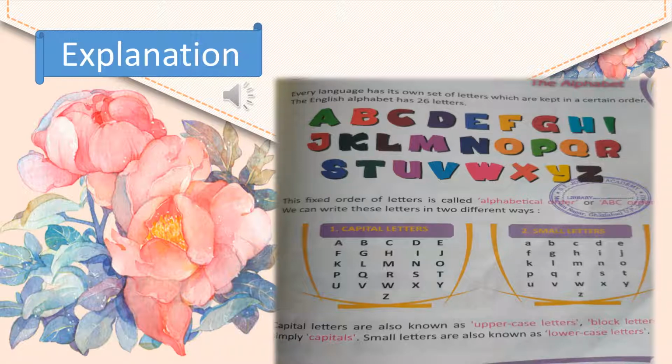And small letters are also known as lowercase letters. So what are the names? Capital letters have two names, uppercase letters or block letters, while small letters have only one name, we call them lowercase letters. How many total alphabets are there, students? 26. We have 26 alphabets in the English language.